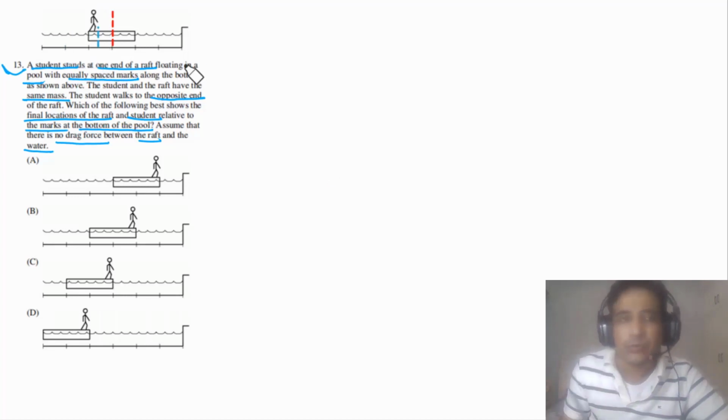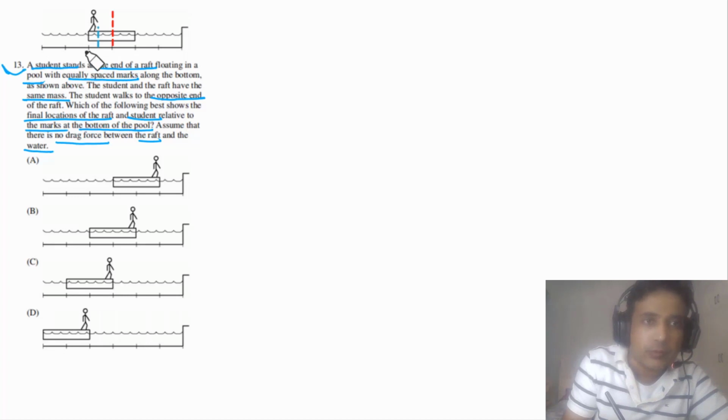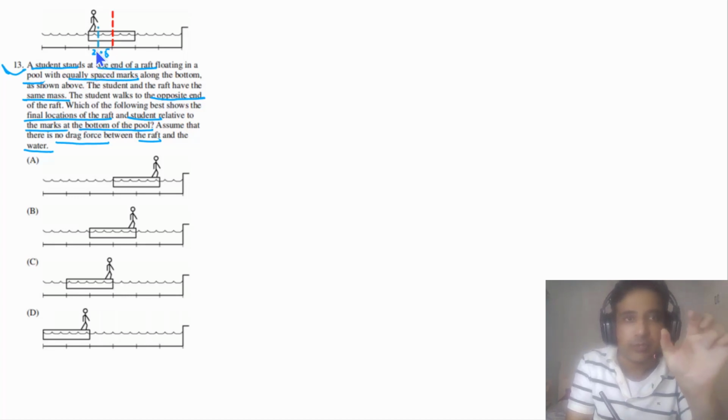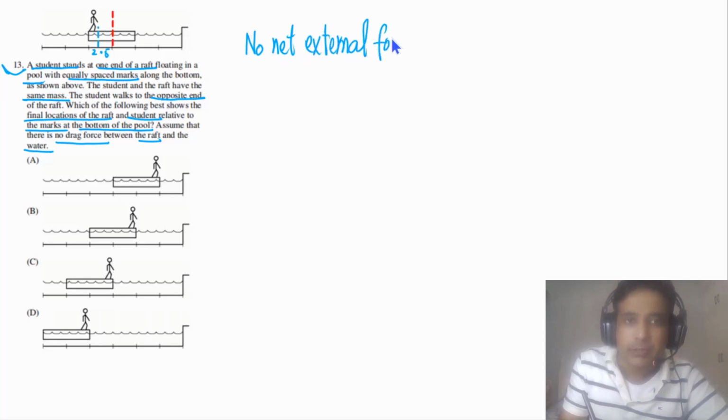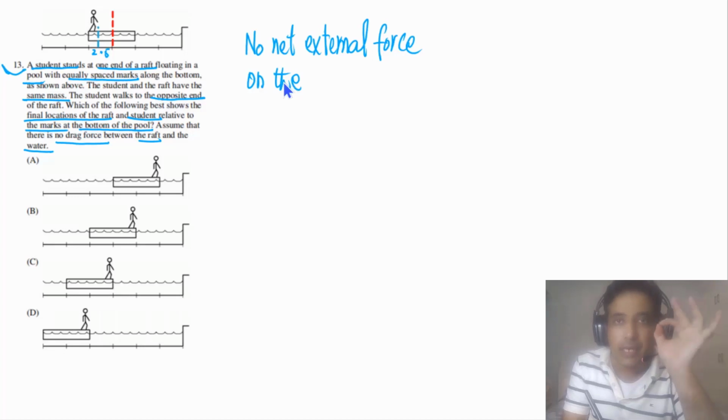Now we can also do the marking. So this is 0, 1, 2, so the center of mass is at 2.5. This is the location of the center of mass of this system. In this case there is no net external force acting on the system, so it means that the center of mass will stay at rest.